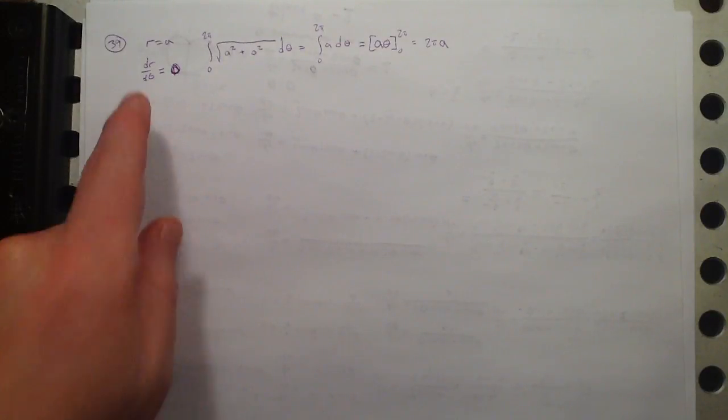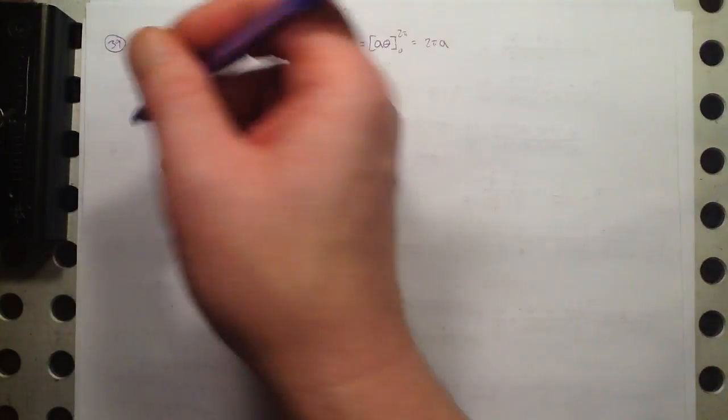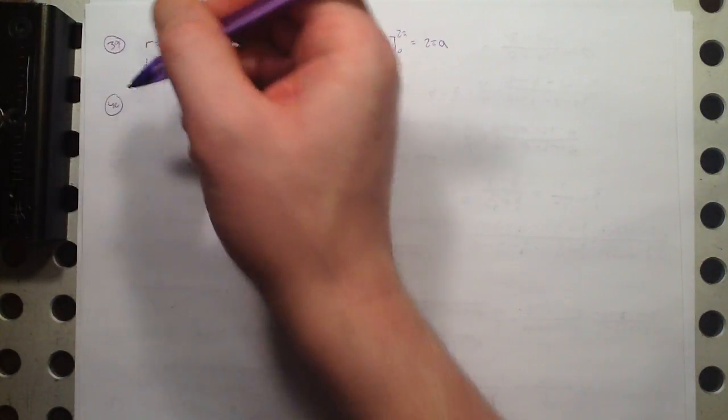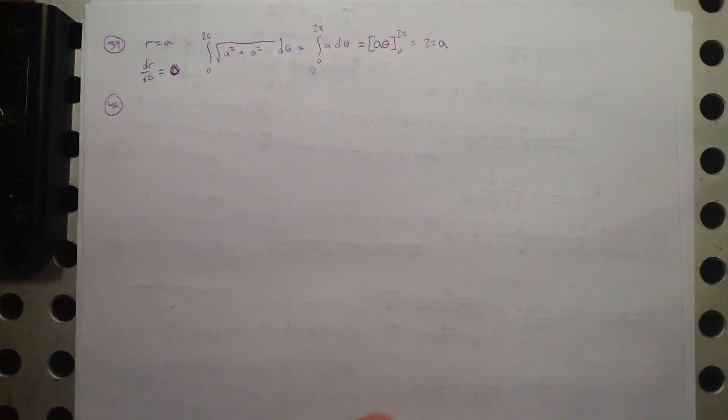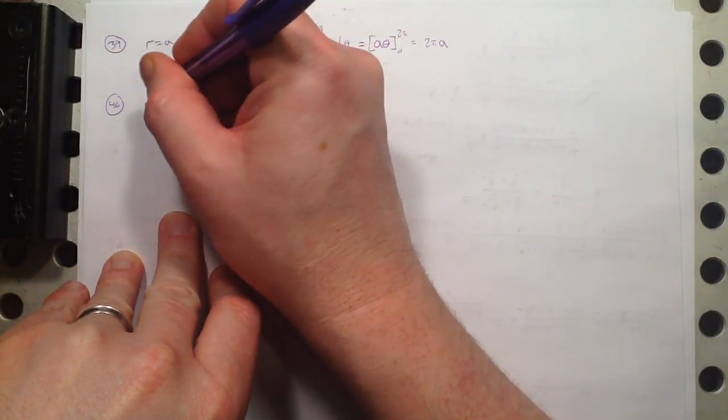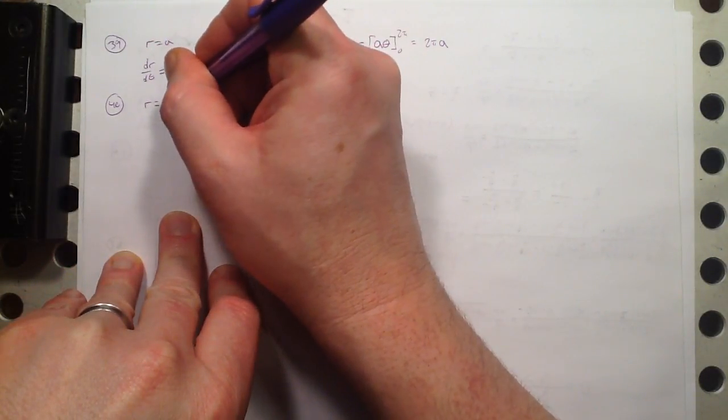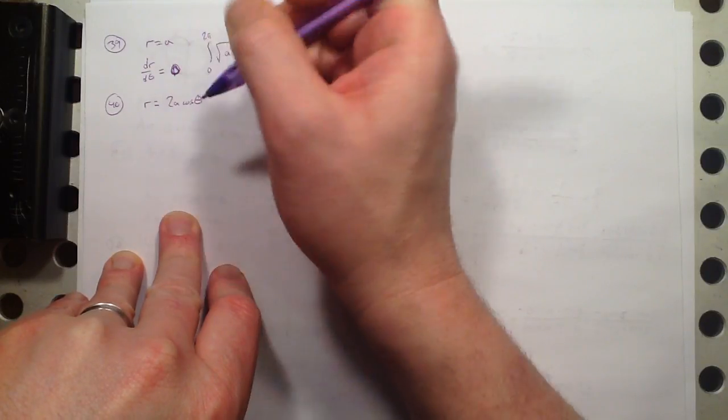And that makes sense because the radius of the circle is a, so the length of the curve, the distance around, is 2 pi a, like 2 pi r. It's the circumference.